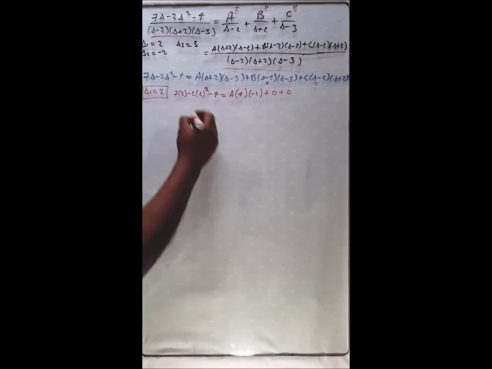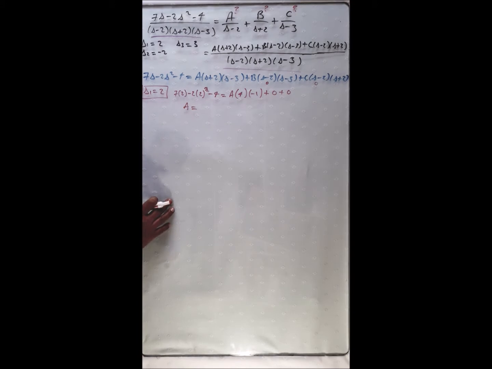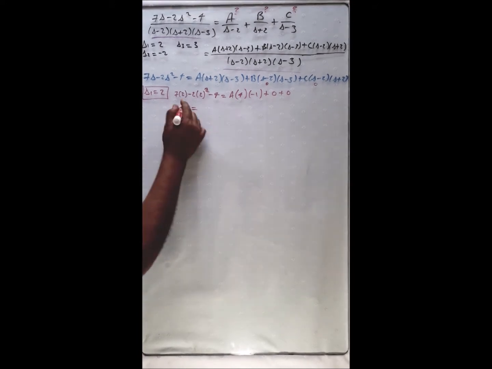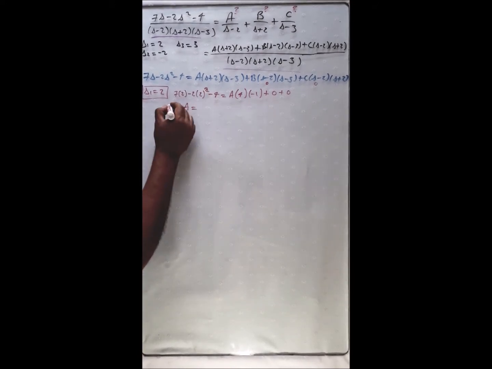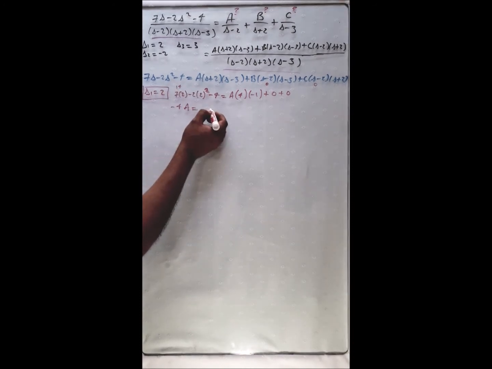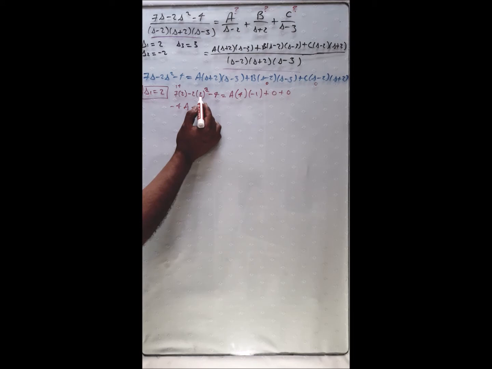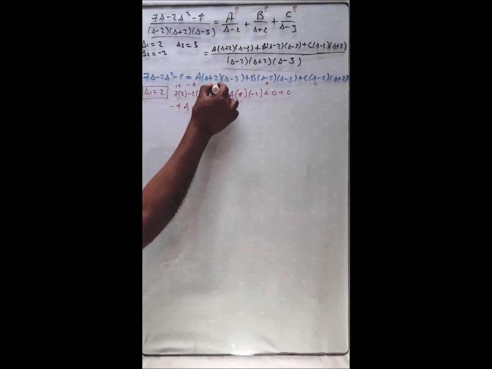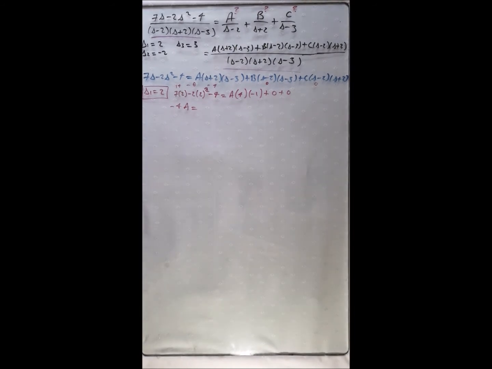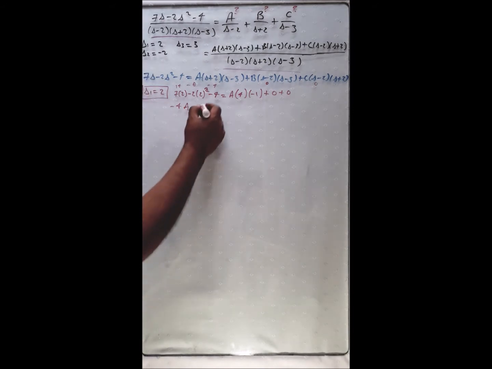So what is the value of A? On this side it is minus 4A, and on the other side it is 14, and then 2 squared is 4, times 2 is minus 8, and then minus 4. So that makes minus 4, minus 8, and minus 4, minus 12, plus 14, which is just 2.